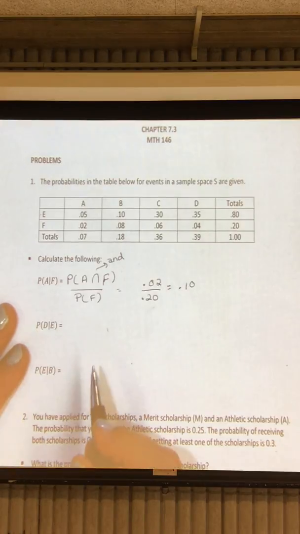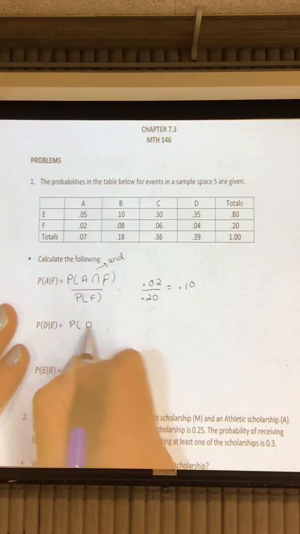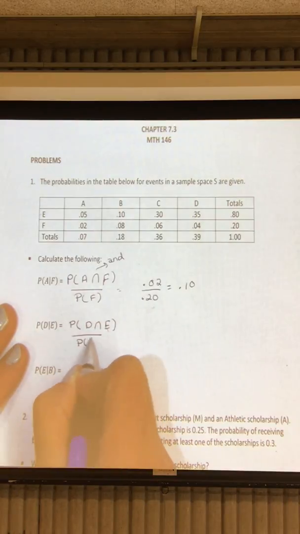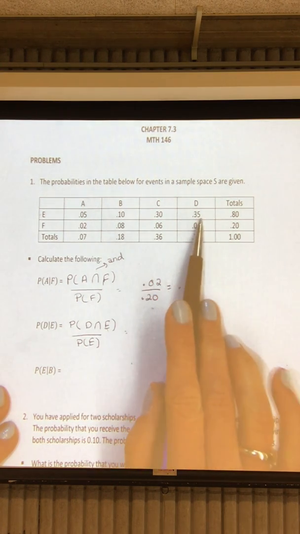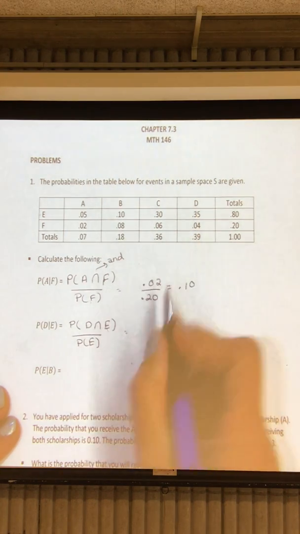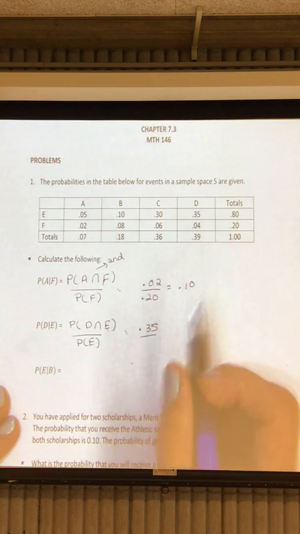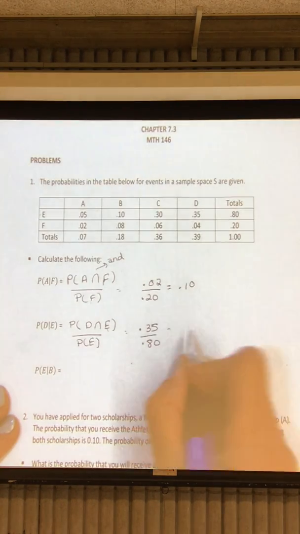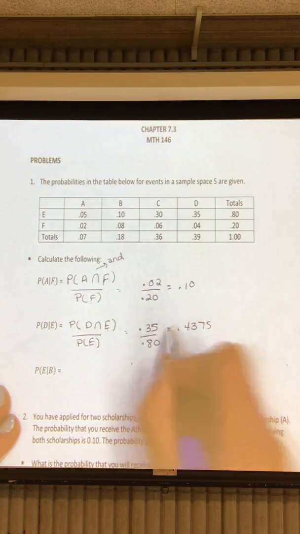So the next one, the probability of D given E is the probability of D and E over the probability of E. So the probability of D and E is 0.35. This is D and E. 0.35 over the probability of E, which is 0.80. So 0.35 divided by 0.80 is 0.4375.